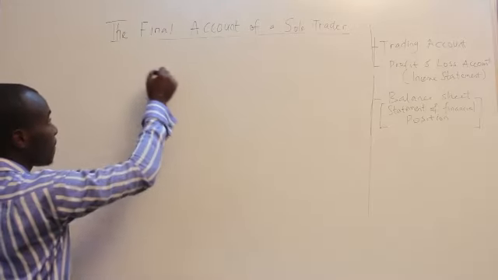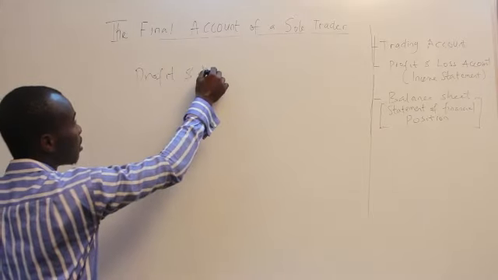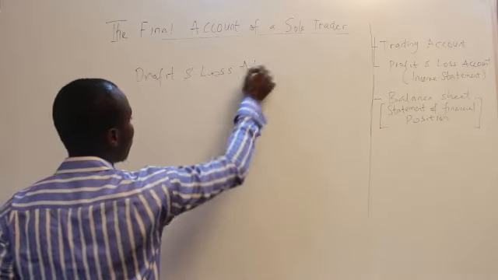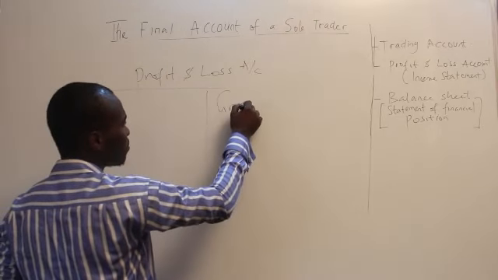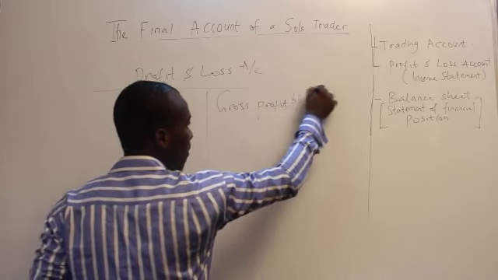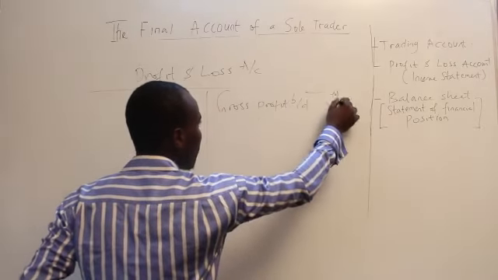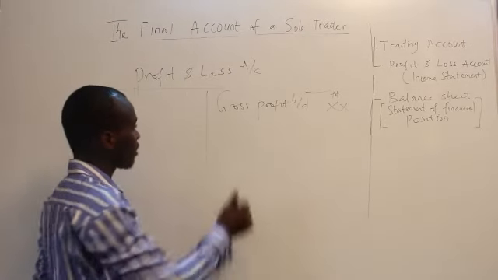So the profit and loss account will be in this way. So we are going to have our gross profit brought down right from the trading account. So we are going to have other income like discount received.